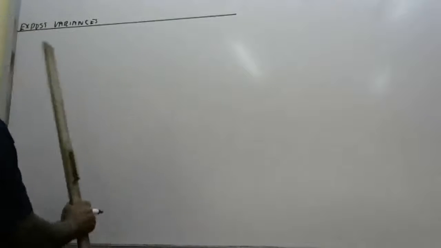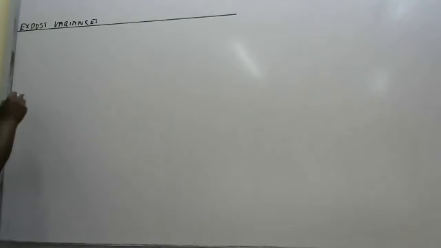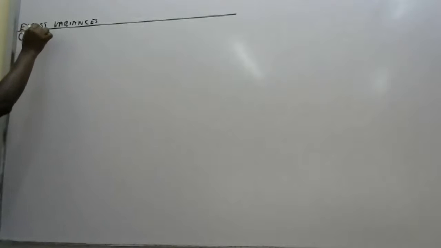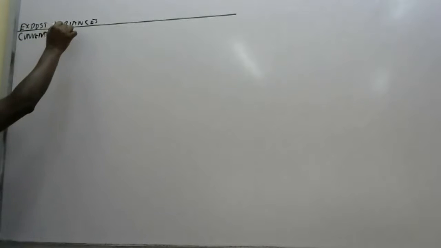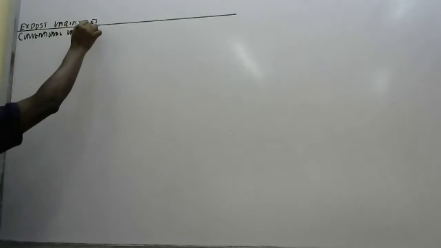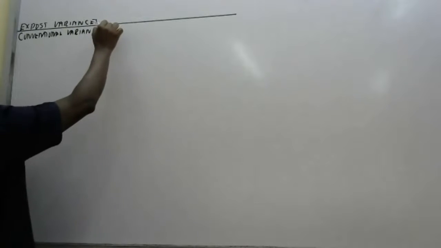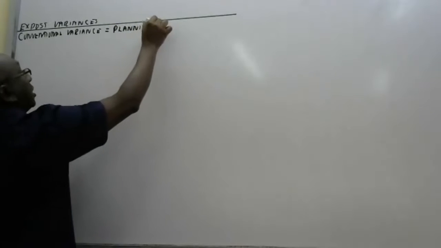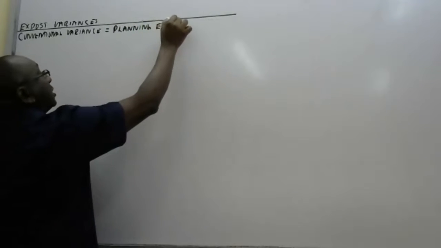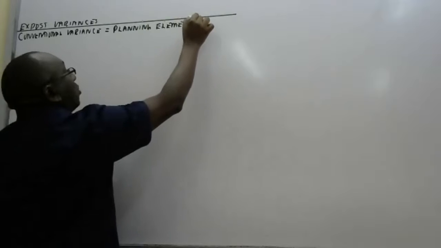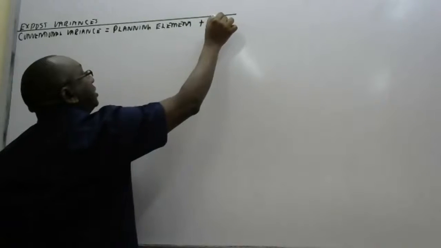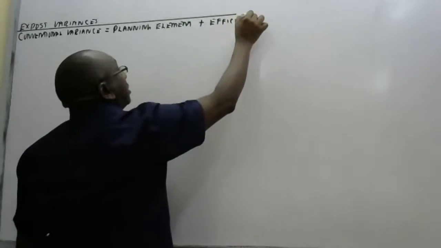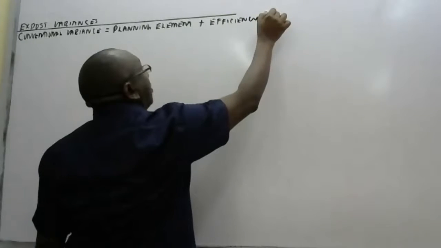And this ex post variance says that the conventional variance should be broken into two parts. We have what we call the planning element, and what we call the efficiency element.